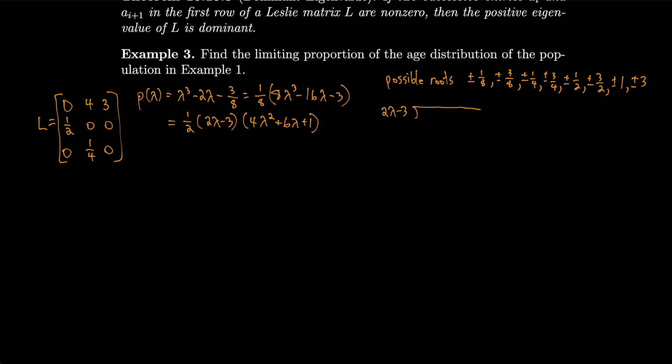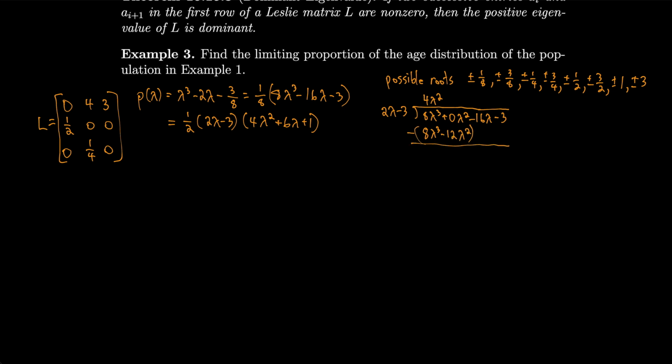Because if you have 2 lambda minus 3 and you do the division with 8 lambda cubed plus 0 lambda squared minus 16 lambda minus 3, then first dividing gives you 4 lambda squared, so multiplying gives you 8 lambda cubed minus 12 lambda squared.